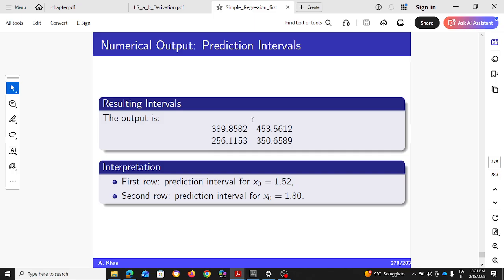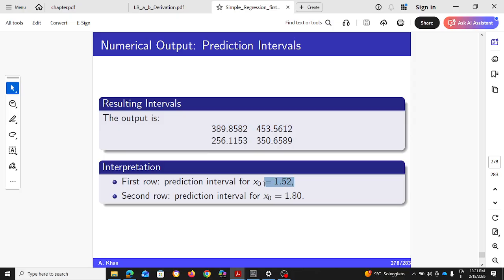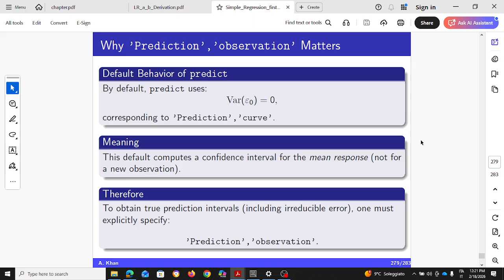The first row is the confidence interval for this value. The second row is the prediction interval for the new value 1.80. By default this function considers the variance of the error equal to 0. But if you also want to take that error into consideration, it's necessary to put these two arguments, the prediction and observation.